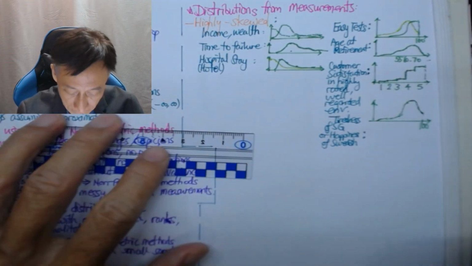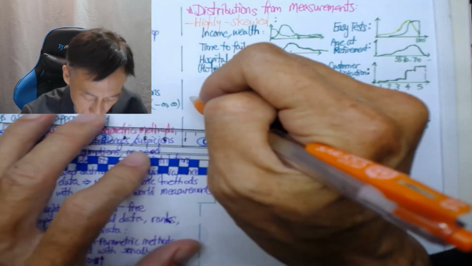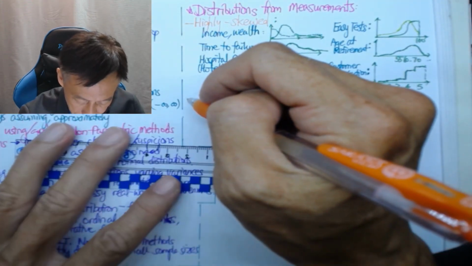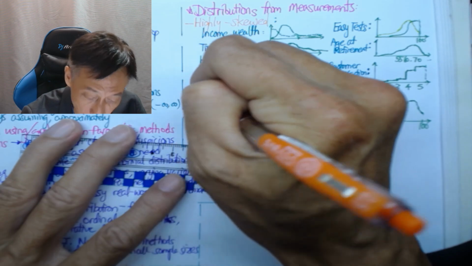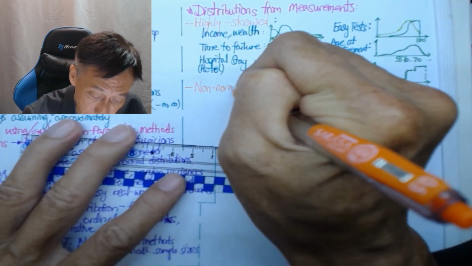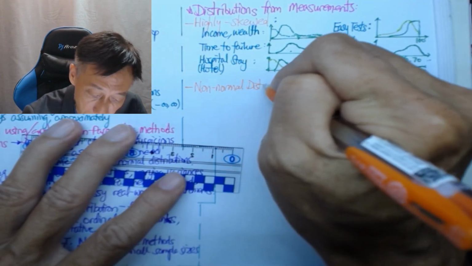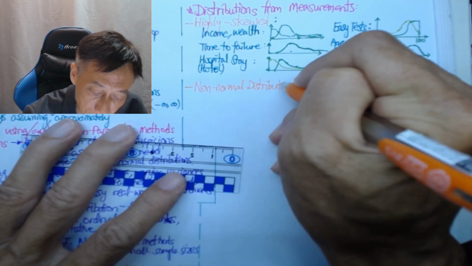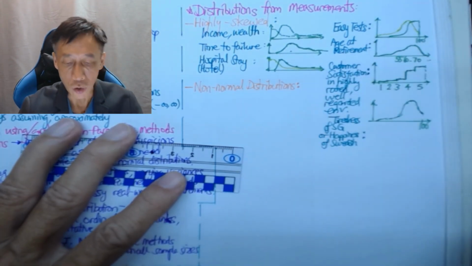Another aspect of distributions from measurements I want to talk about is non-normal. I don't want to call it abnormal, but from measurements we know that they are non-normal, right?